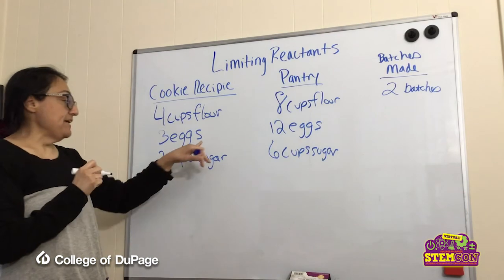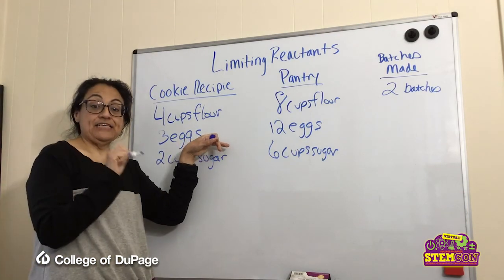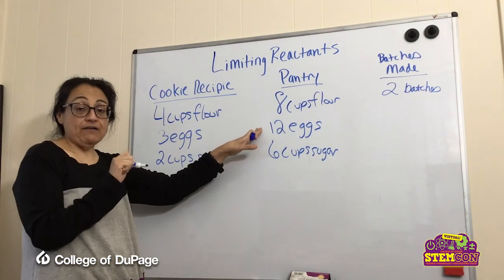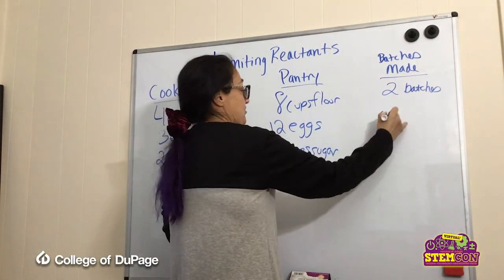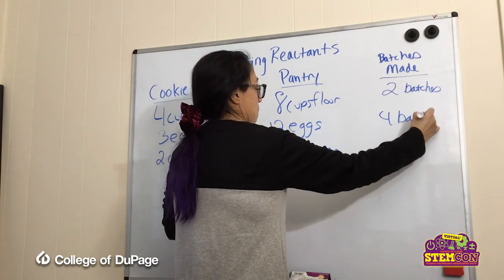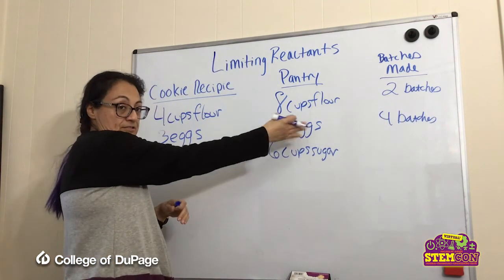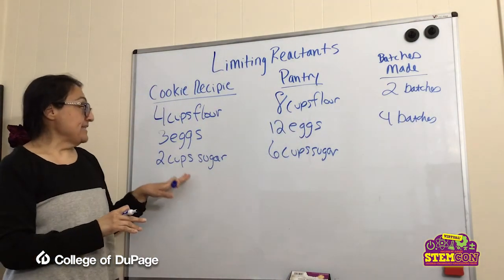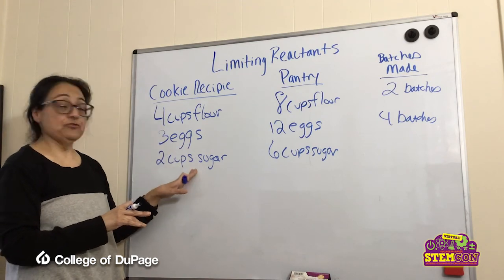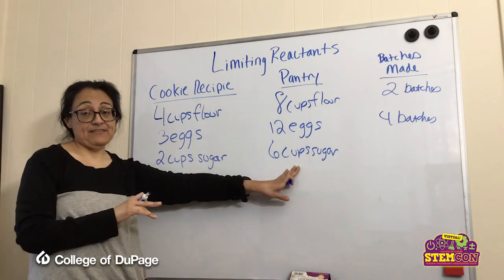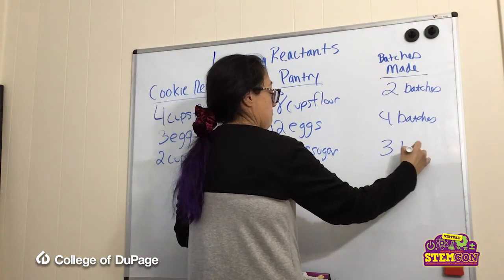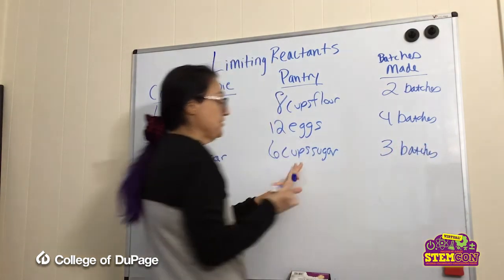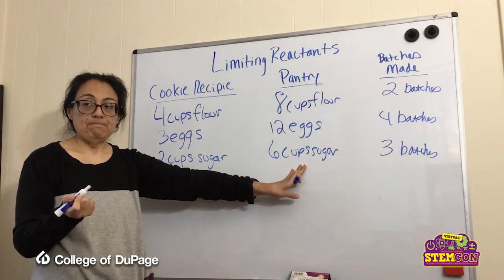If I need 3 eggs for each batch of cookies, and I have 12 of them in my pantry, that means that I could potentially make 4 batches of cookies if I use all these eggs. And if my cookie recipe calls for 2 cups of sugar and I have 6 of them in my pantry, I could potentially make 3 batches using these 6 cups.